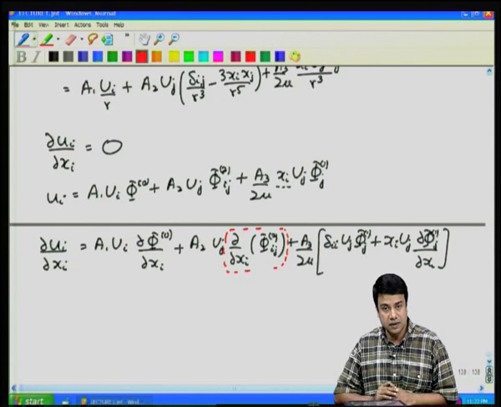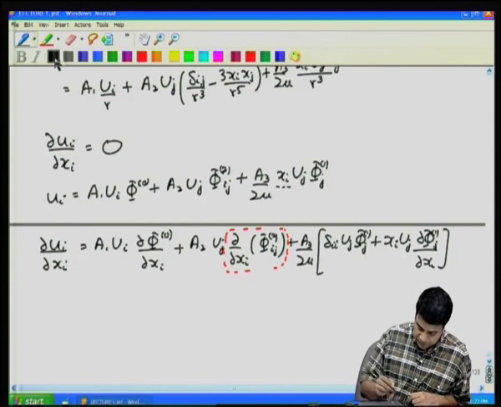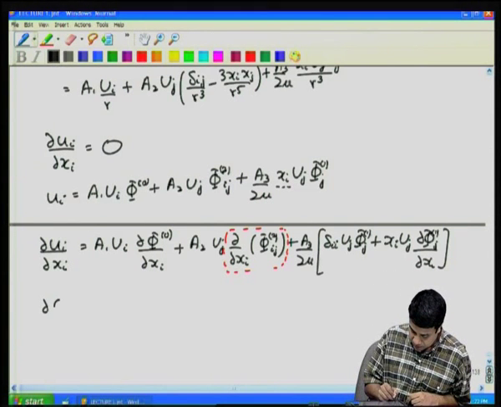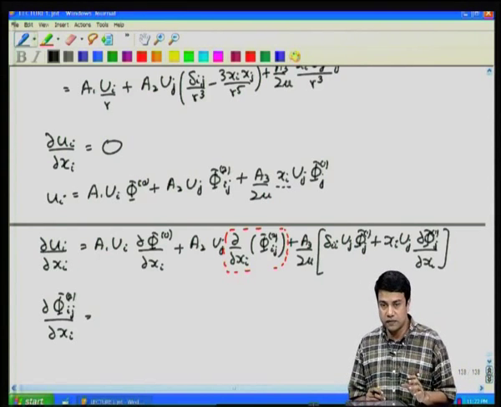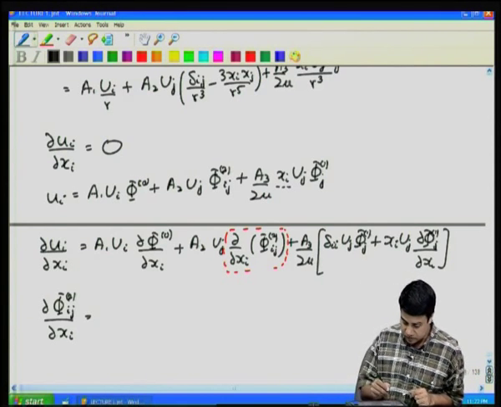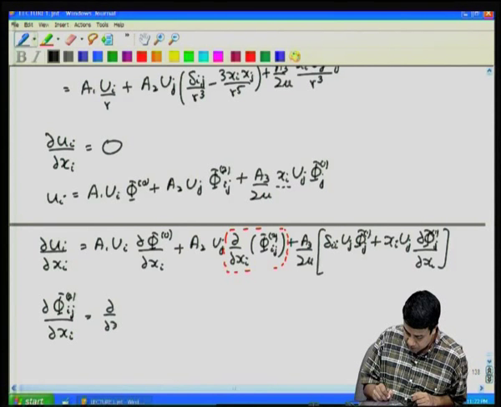The reason for that is as follows. We know that partial phi 2 ij by partial x i. Phi 2 is obtained by taking two derivatives, two gradients on the fundamental solution. So, this is equal to partial by partial x i of partial by partial x i of partial phi naught by partial x j.